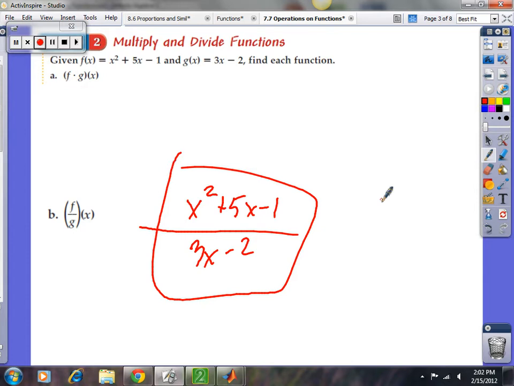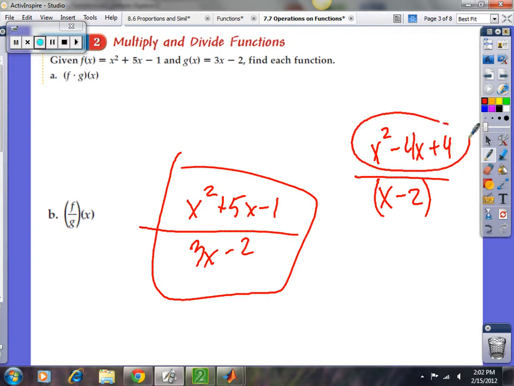If I had x minus 2 on the bottom, and on top I had x squared minus 4x plus 4, could I simplify this one? Because you could factor this.